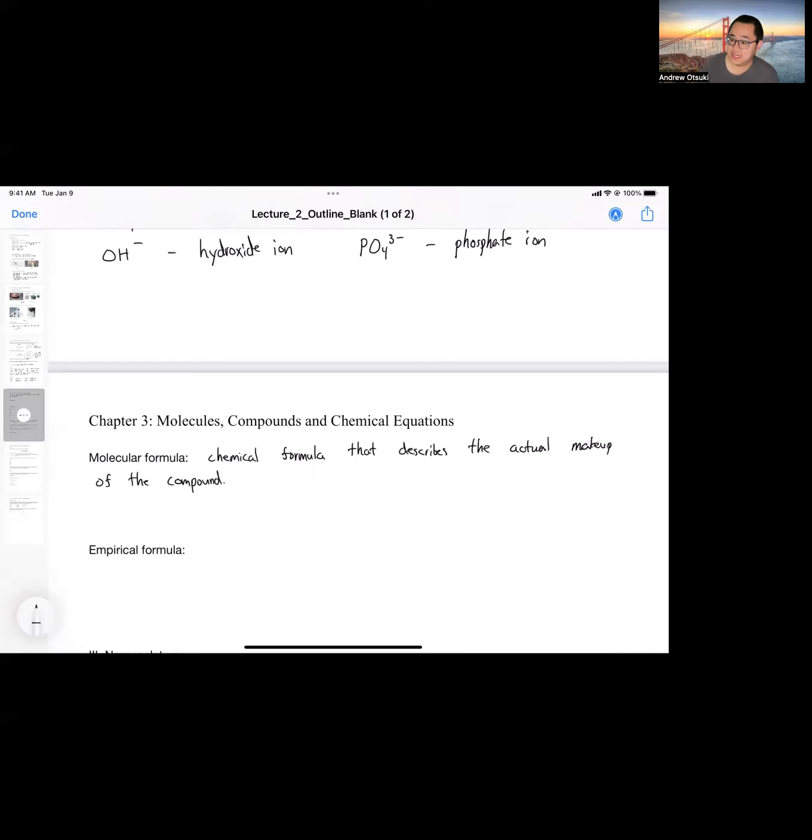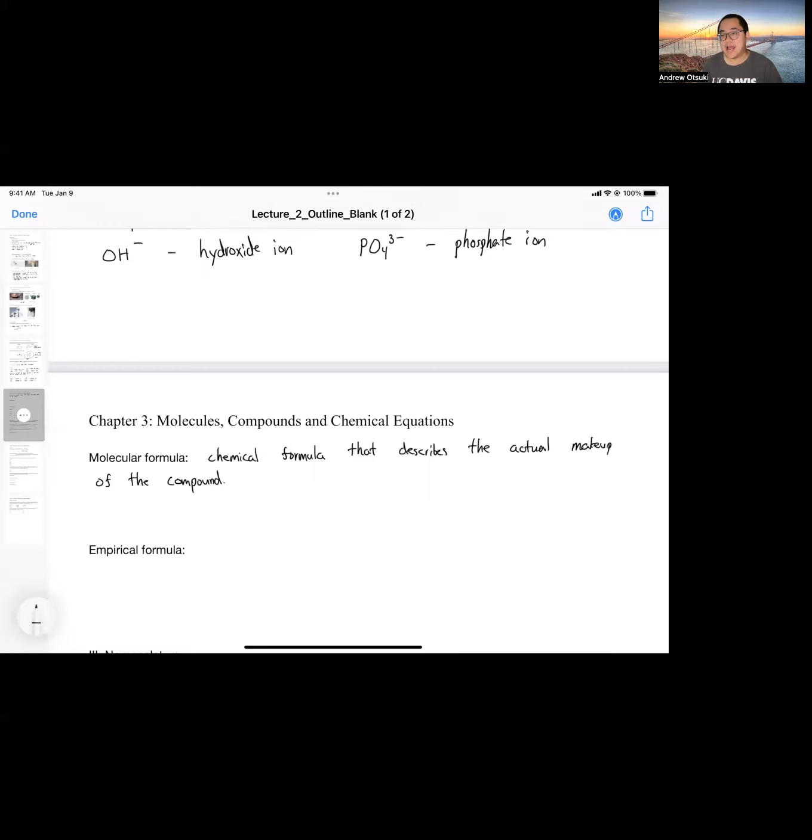It doesn't tell you if it's the actual number or a reduced ratio of, let's say, carbon to hydrogen atoms. So it could be a reduced ratio, or a simplest terms kind of ratio, like in math, or it can actually tell you the exact number of each atom compared to the other atoms in the structure. So there's two types of chemical formulas there: molecular formula and empirical.